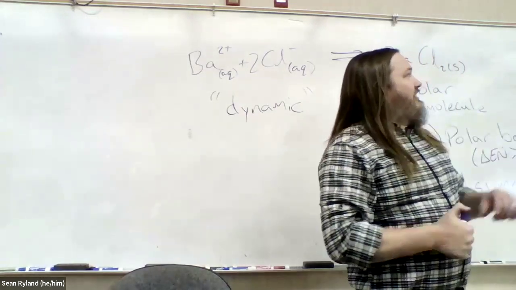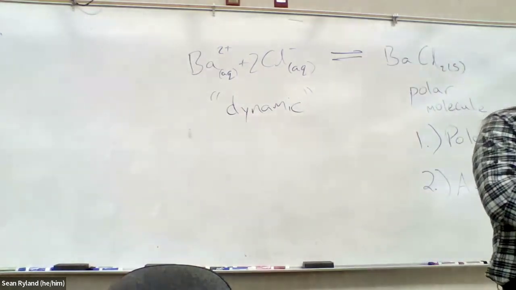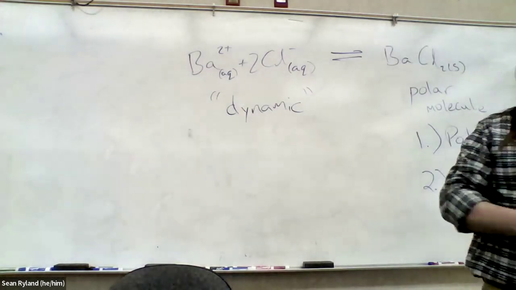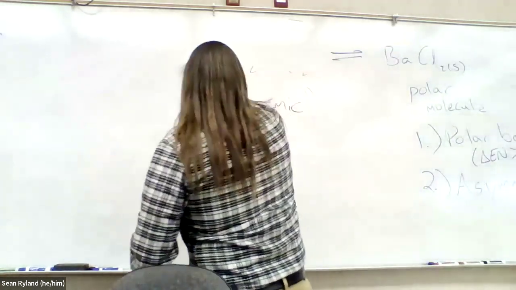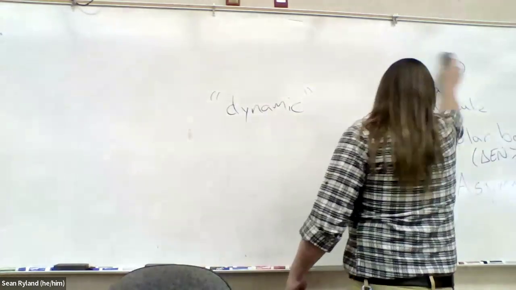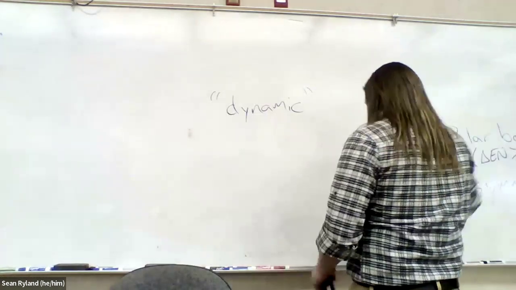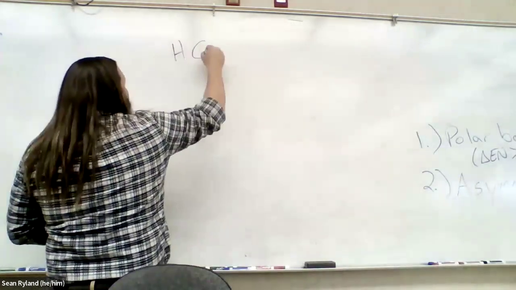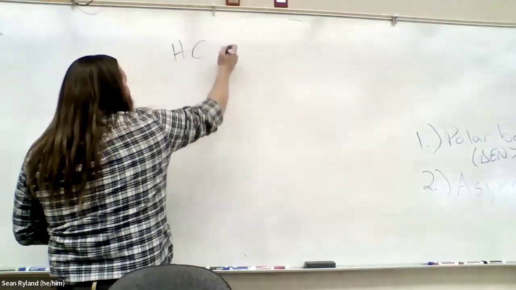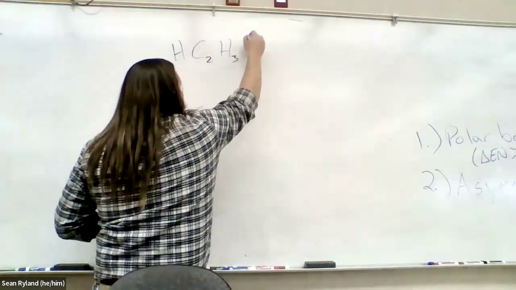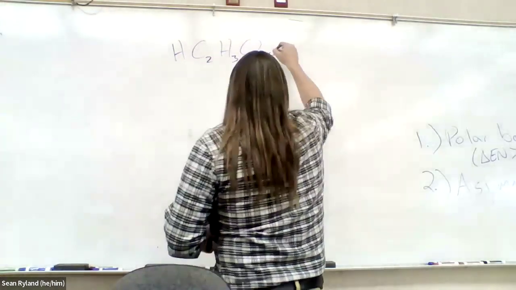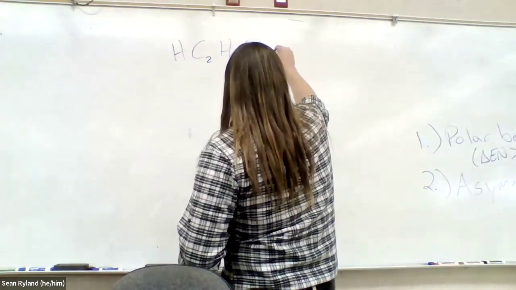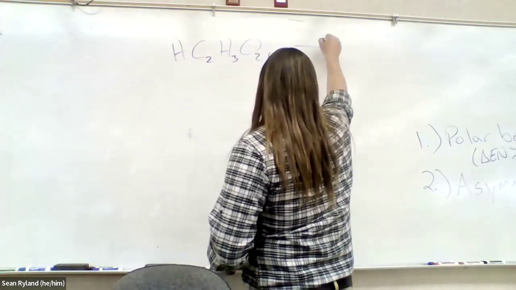So if you have an electrolyte that dissolves in water partly, we can call that a weak electrolyte. Vinegar is a good example of a weak electrolyte, because when you put acetic acid, HC2H3O2, in water, you have that as a molecular compound, so aqueous.